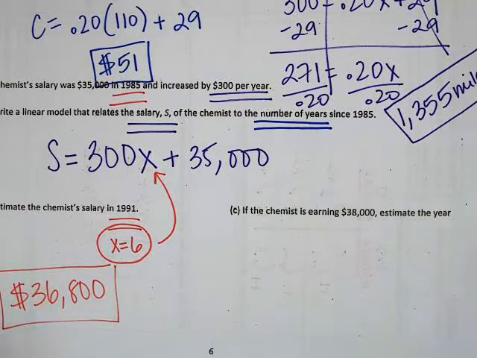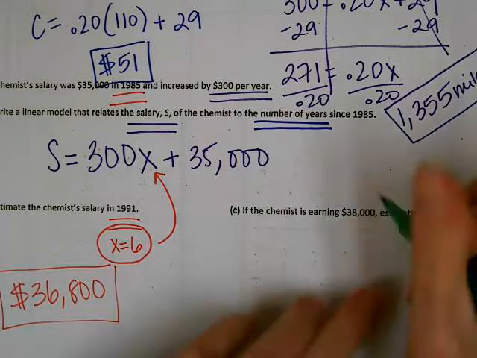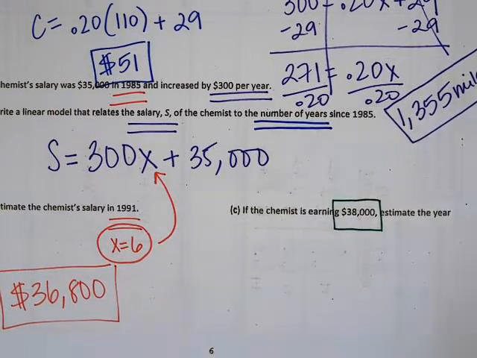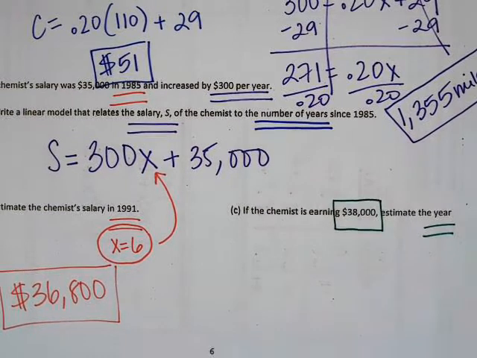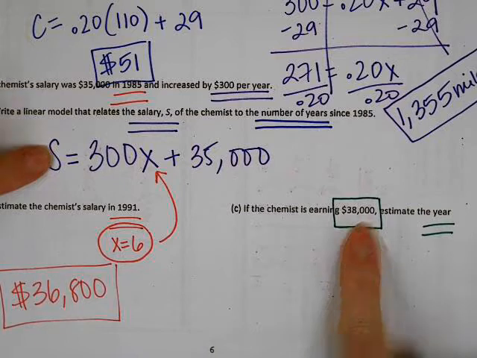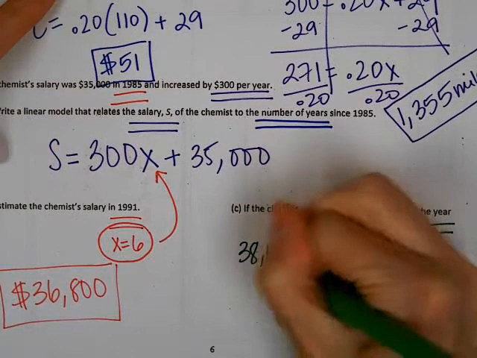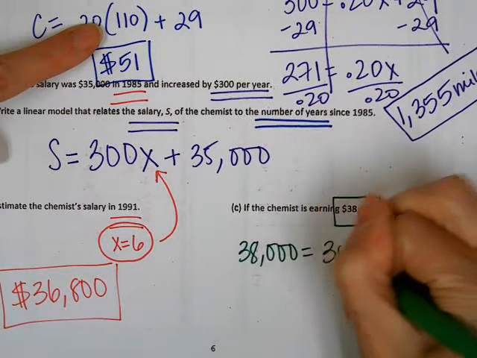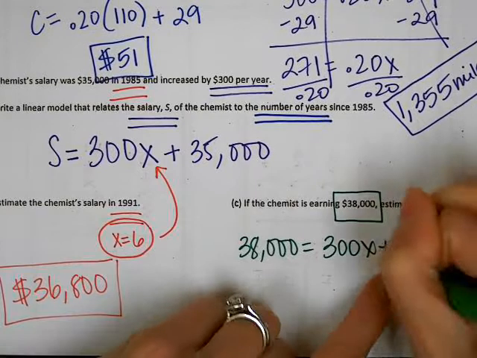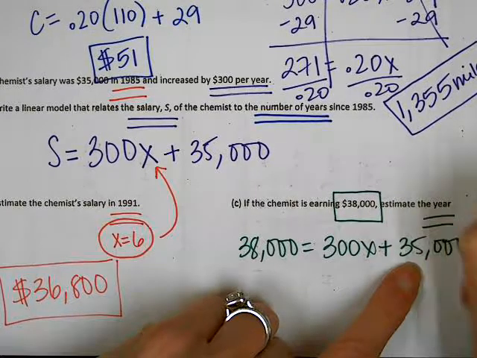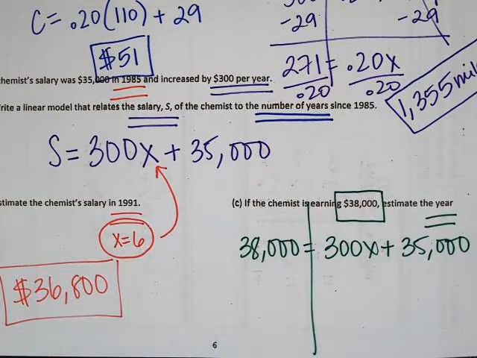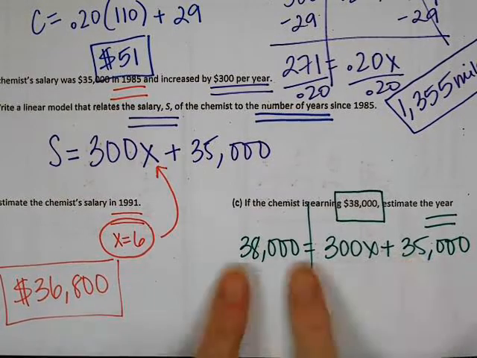And then for C, what if they give us the salary? Can you estimate the year? In this one, the 38,000 goes into S. And your job is to solve for X. You guys know how to solve, right?